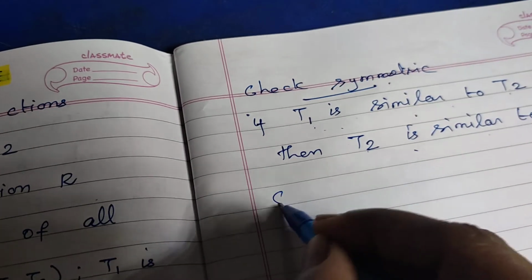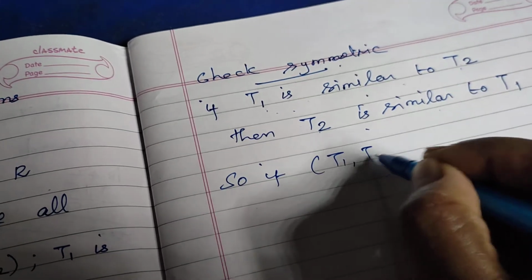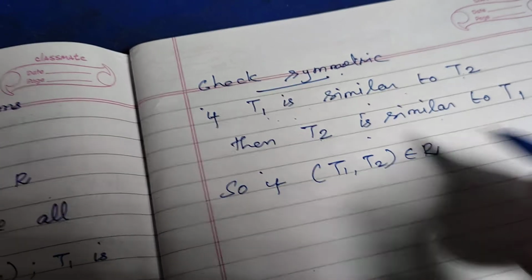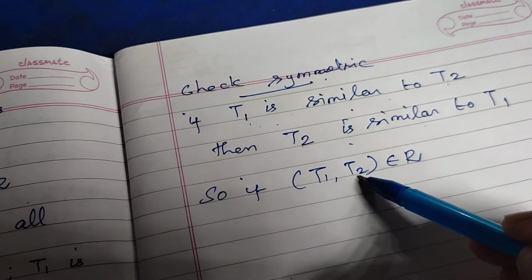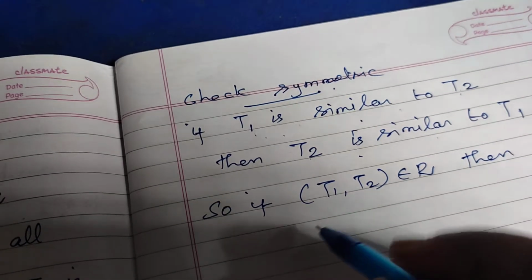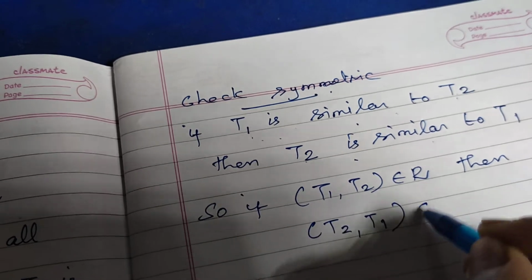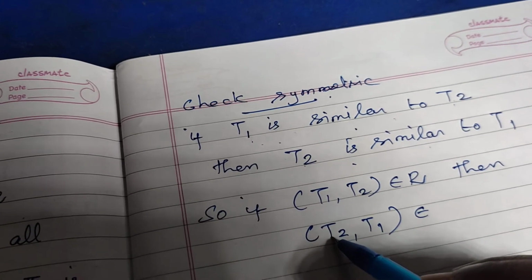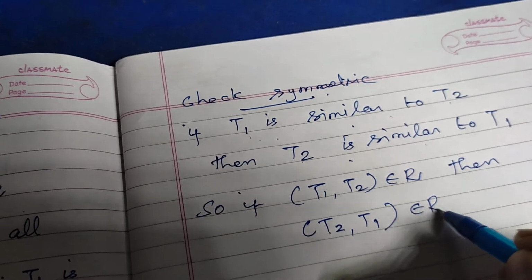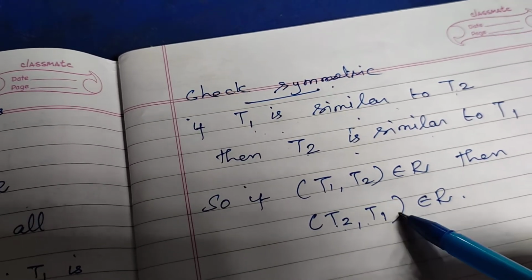So if (T1, T2) belongs to R, that means T1 is similar to T2, then we can say that (T2, T1) belongs to R, that means T2 is similar to T1.